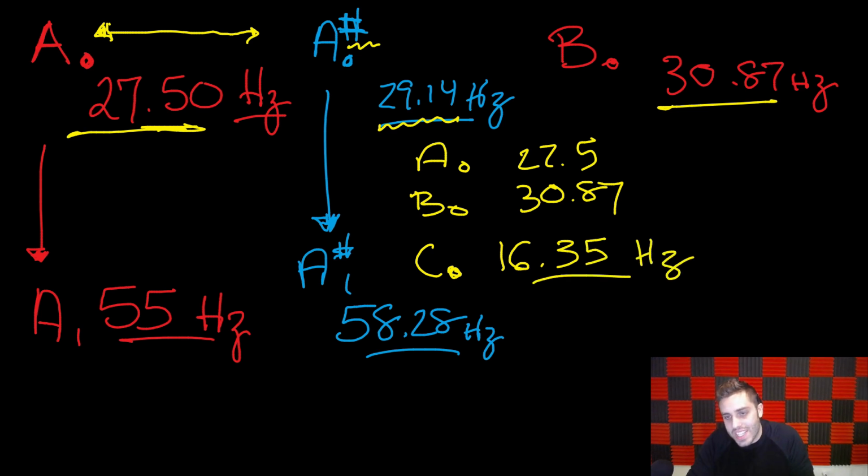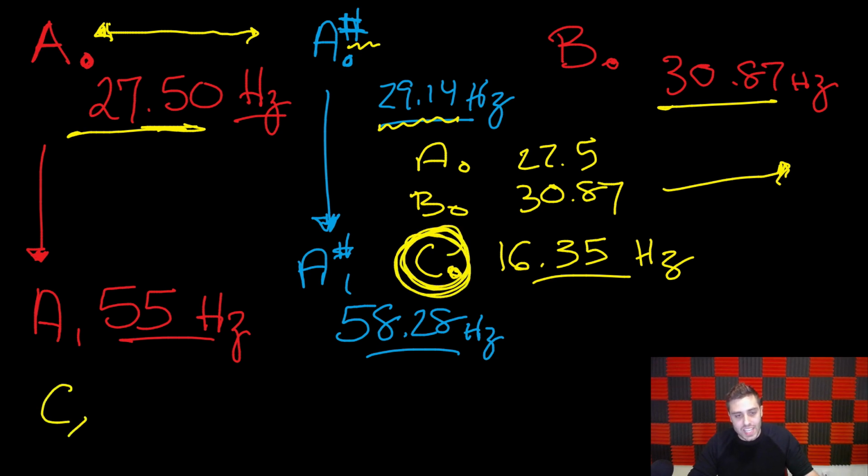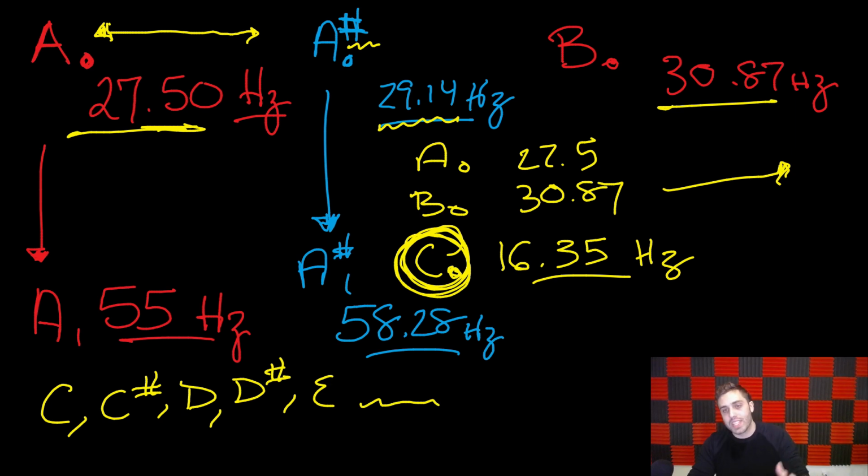It turns out C, the letter C, even though it's not the first letter in the alphabet, it actually is the lowest frequency of any octave. So we can think of the octave as a continuous scale upwards, but it just starts at C instead of A. So for example, you could write C, then C sharp, then D sharp, then E, etc. up the scale.